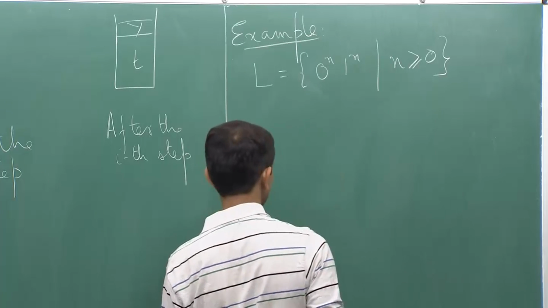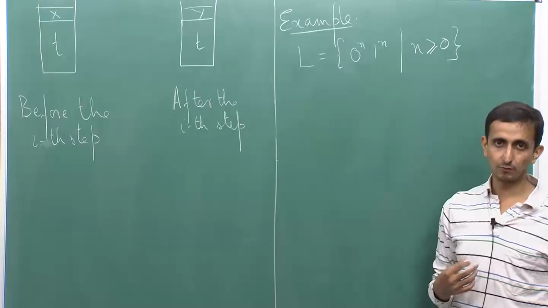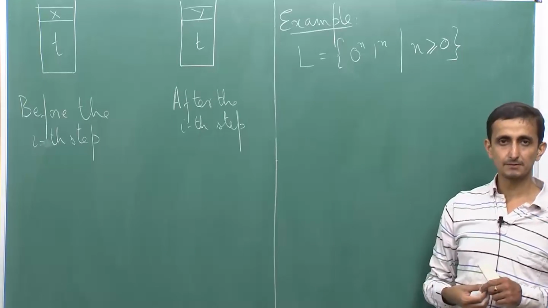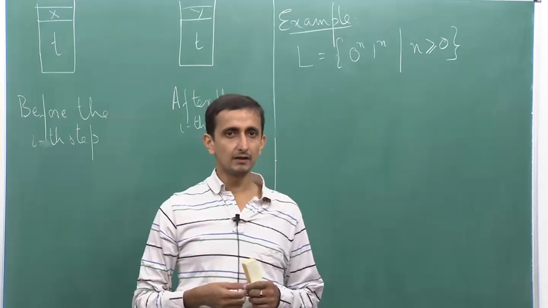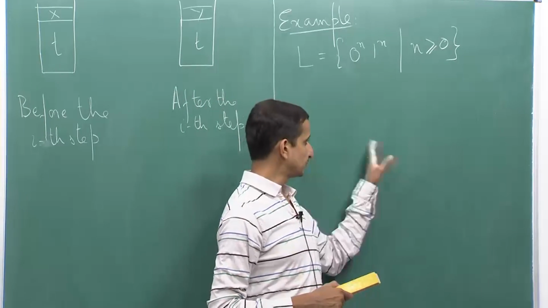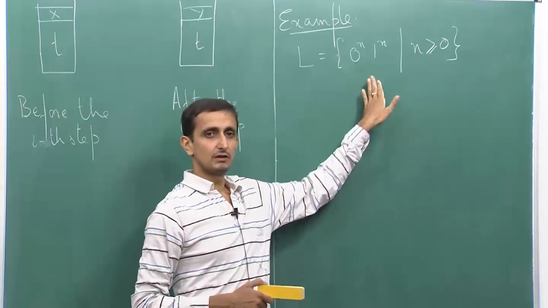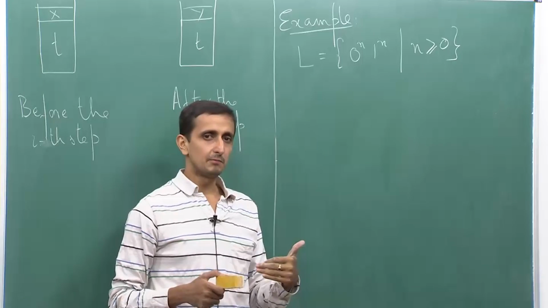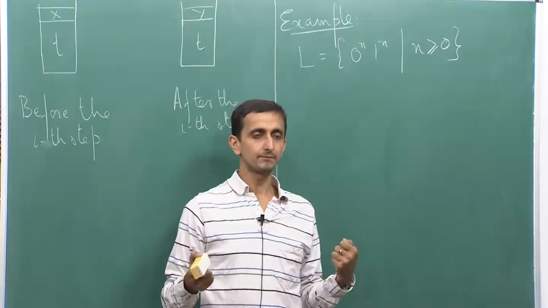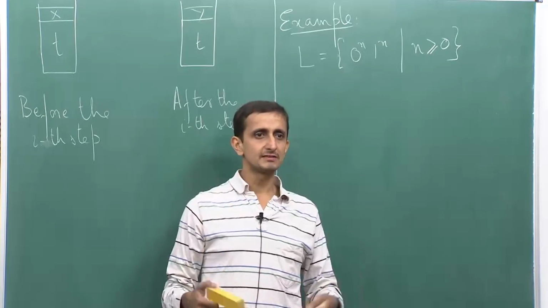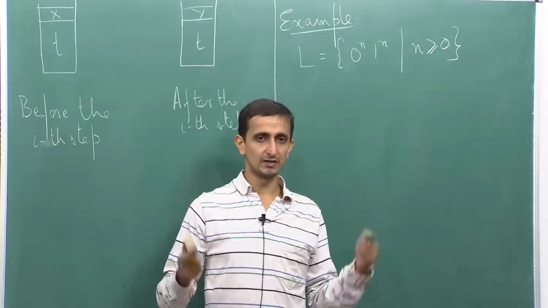Okay. So, what is the idea? How does the push down automata work? How does it go about accepting this? Whenever it reads zeros, the push down automata will be at a certain state, let us say state p, and it will push some symbol, let us say capital A, onto the stack.